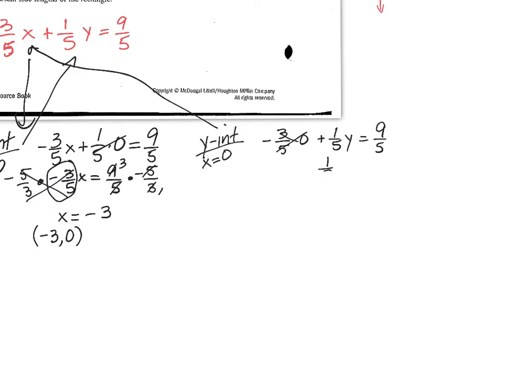So we have 1/5 y equals 9/5. Multiply both sides by the reciprocal. Well, the reciprocal of 1/5 is 5/1. These cancel, we get y is equal to 9. That ordered pair, my x value is 0, my y is 9.